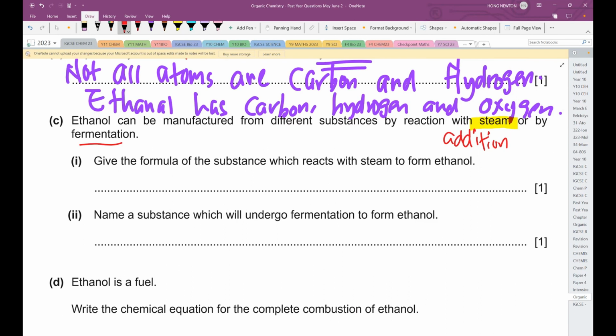So one, give the formula of the substance which reacts with steam to form ethanol. What is this? What do you think?